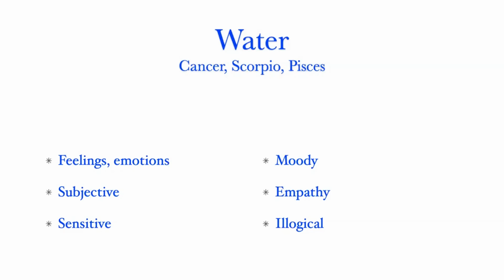So water people's gift is their tremendous sensitivity, often operating by instincts on their feelings, being able to emotionally connect with others, a desire to merge with another. And often, certainly in its higher form, extremely caring, extremely empathic, because of literally being able to feel what someone else is feeling. The lower side of that is being extremely sensitive, sometimes moody or illogical because of overwhelming emotions and feelings.